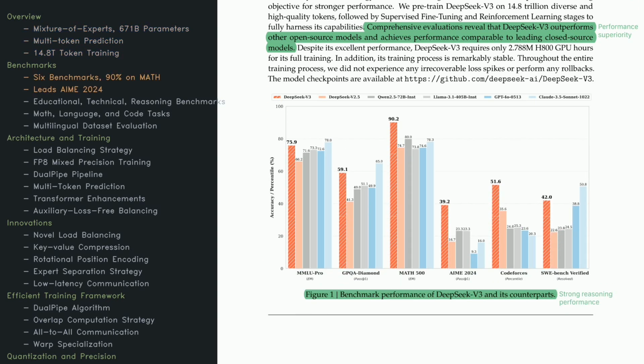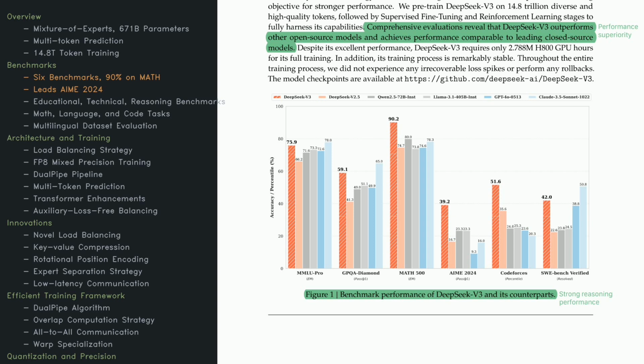Check out the figure on this page. It shows a comparison of DeepSeek V3 and its competitors across 6 benchmarks, like math reasoning, coding accuracy, and general knowledge. DeepSeek V3 consistently ranks higher, especially on tough datasets such as Math 500, where it scores above 90% accuracy. Other models hit around 50% to 80%.